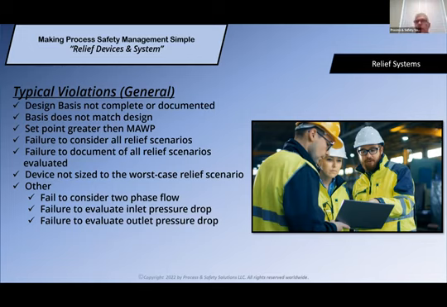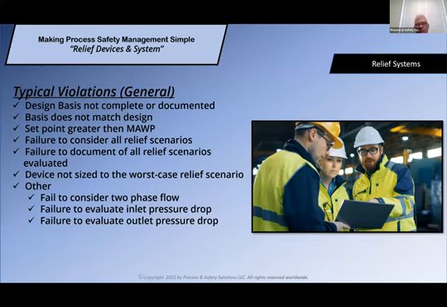We looked at relief scenarios. We had 15,000 pounds an hour for the fire case, and we had 20,000 pounds an hour for the blocked in case. But the relief valve was sized for the fire case and not the blocked in case. We see that quite often as well. Others is you fail to consider two-phase flow. In this particular case that we're talking about, the 20,000 pounds an hour was all liquid because it was a blocked in case, where the fire case was all vapor.